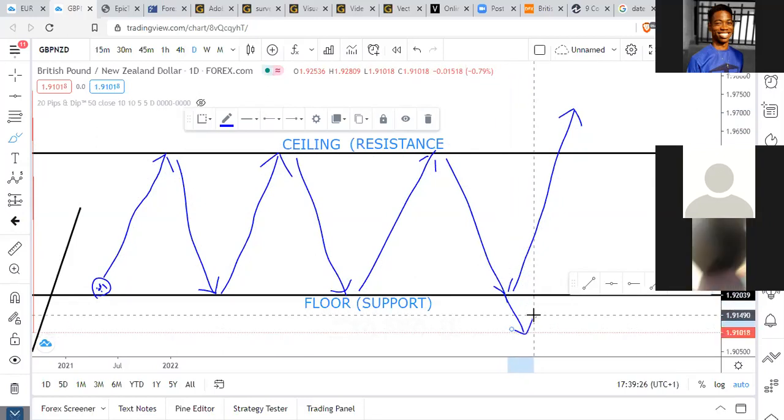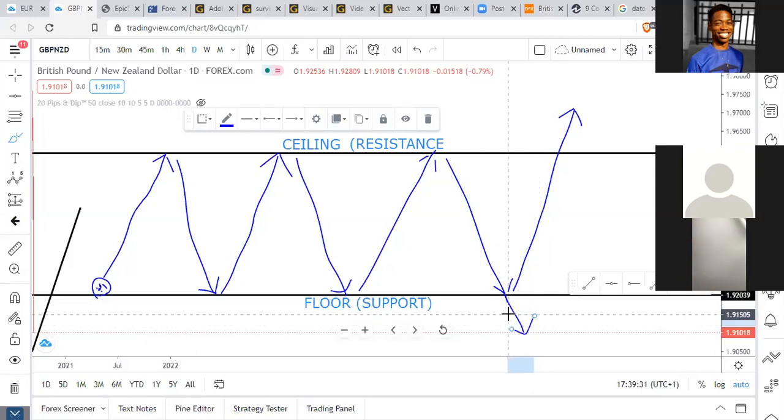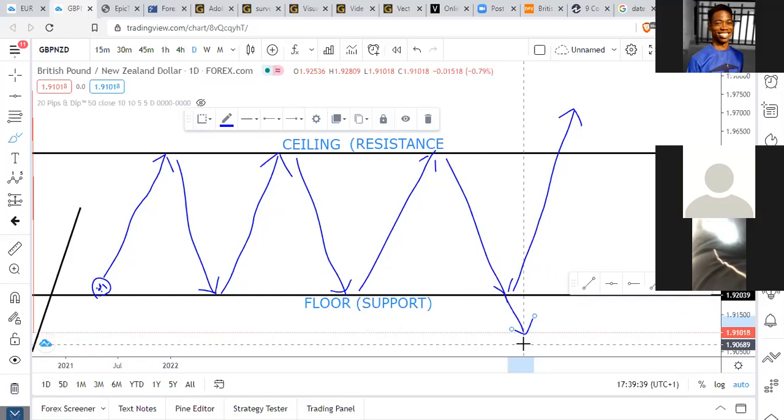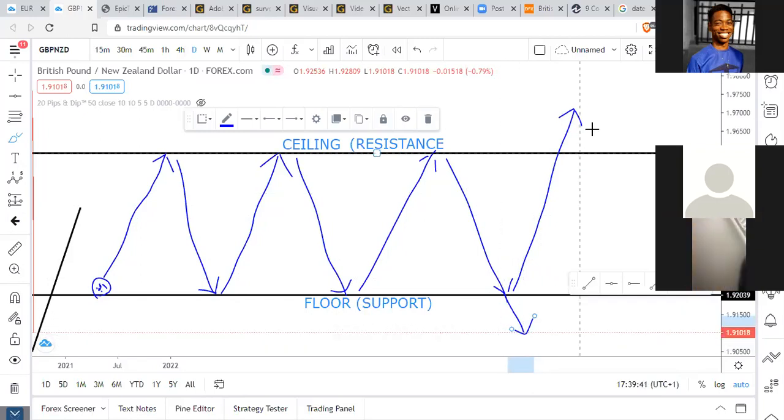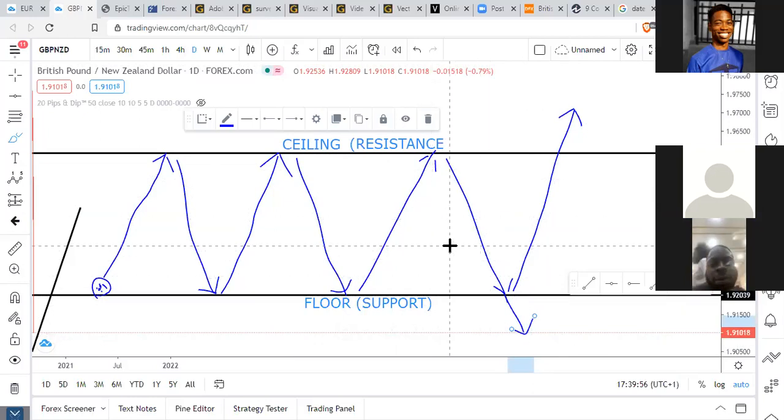It has violated that rule of buy at support. So that's why I said that buy at support, sell at resistance is not always true, because sometimes price breaks support or breaks resistance. So if you put your sell order here, you will be in loss. You put your buy order here, you'll be in what? Loss. All right. So that's what I mean by buy at support, sell at resistance.